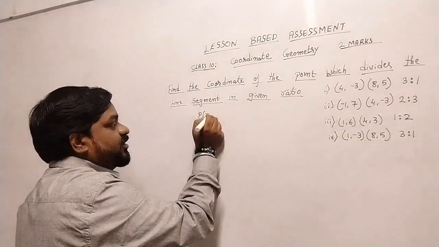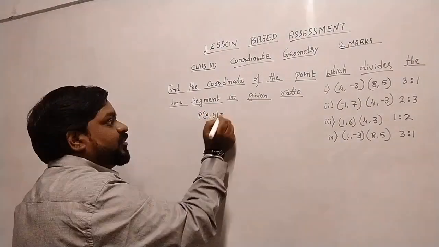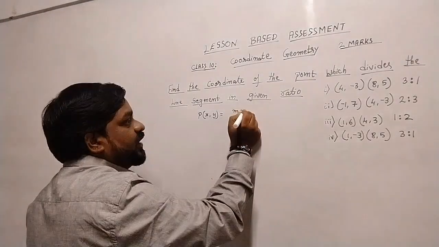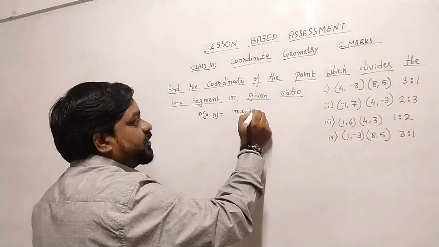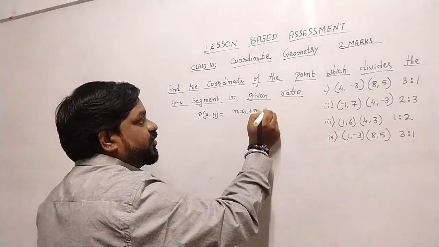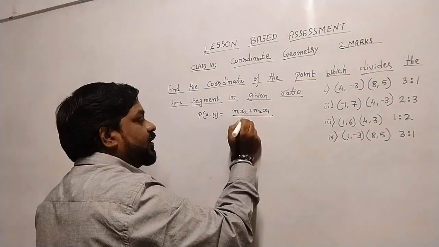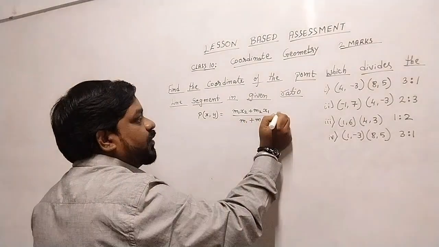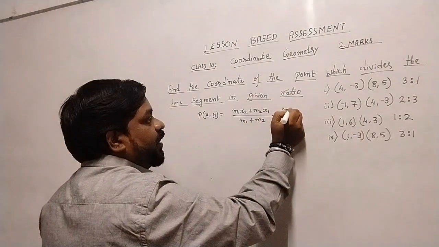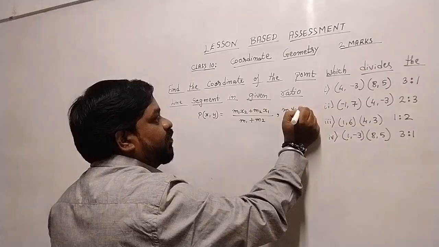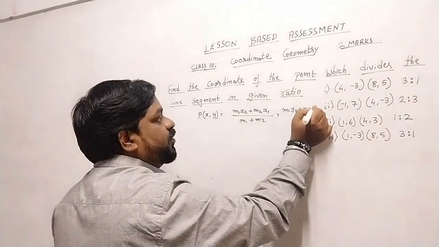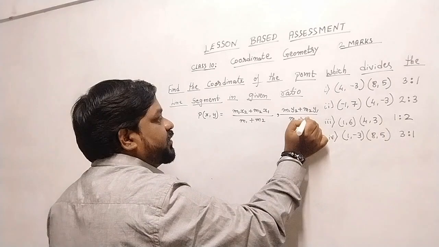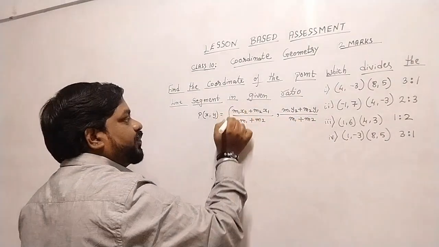First let us write the section formula. P of x comma y equals m1 x2 plus m2 x1 by m1 plus m2 comma m1 y2 plus m2 y1 by m1 plus m2.